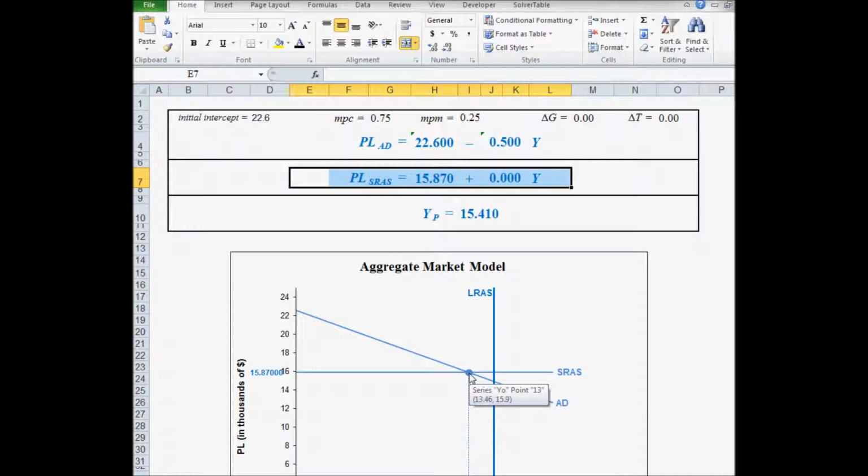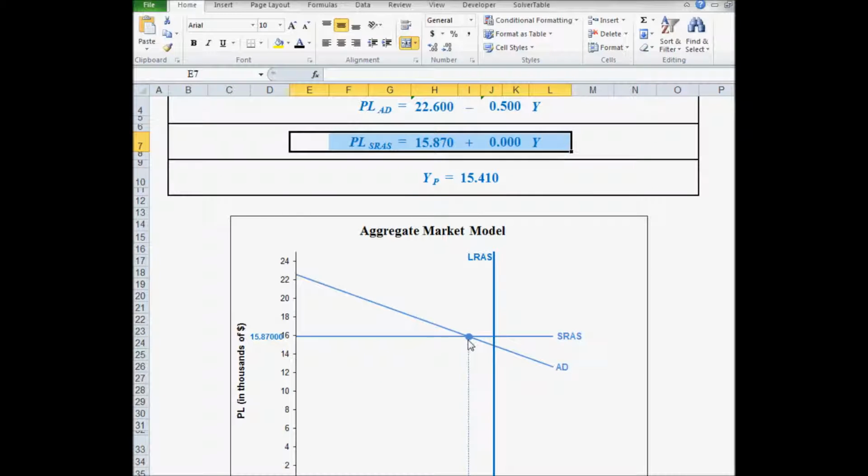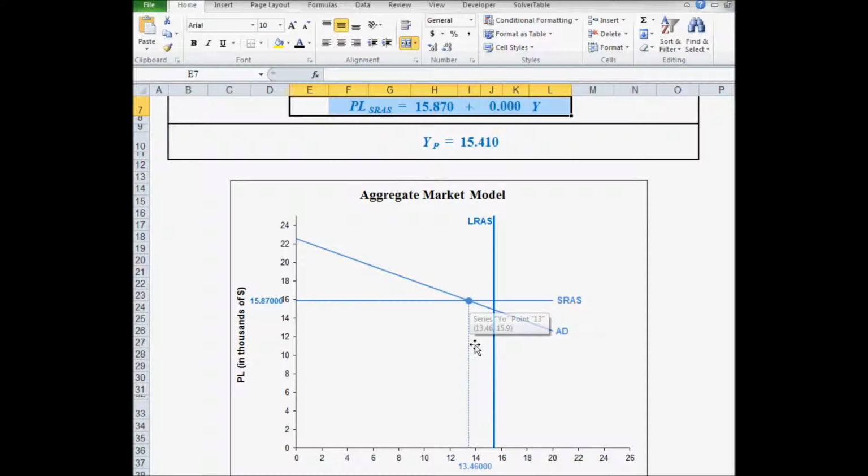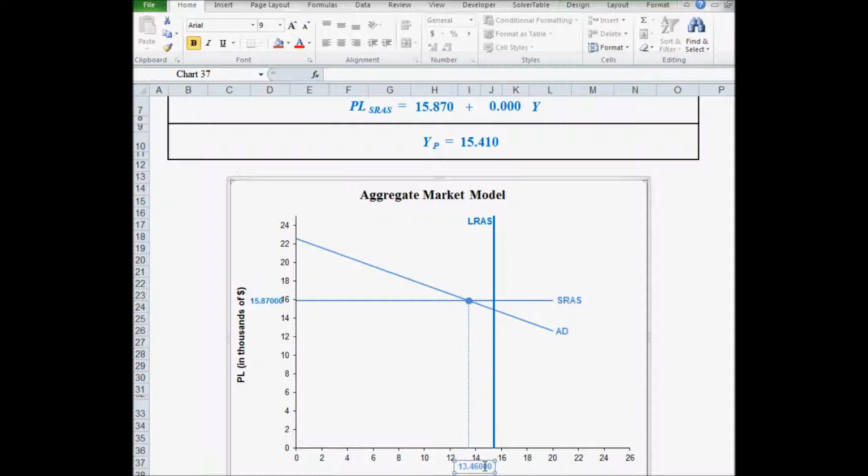The equilibrium here is indicating that real GDP is 13.46 and the price level is 15.87, the value of short-run aggregate supply's intercept. I'm going to copy the 13.46 into Cengage now.